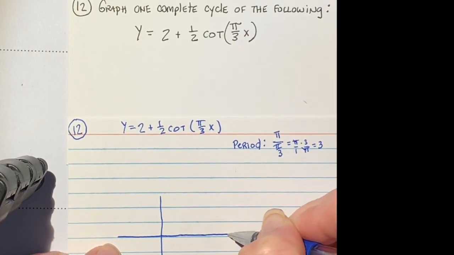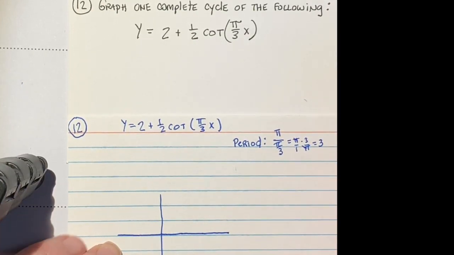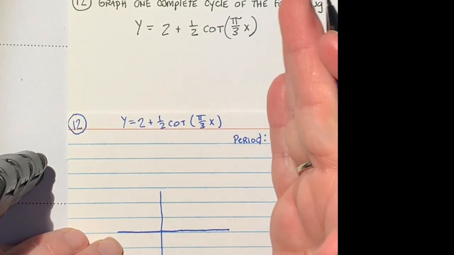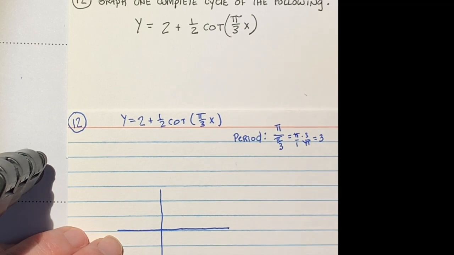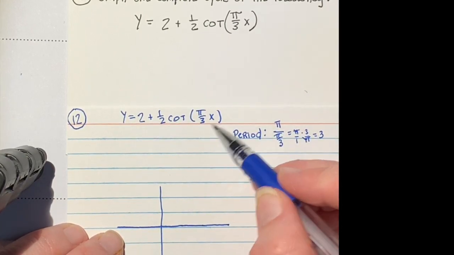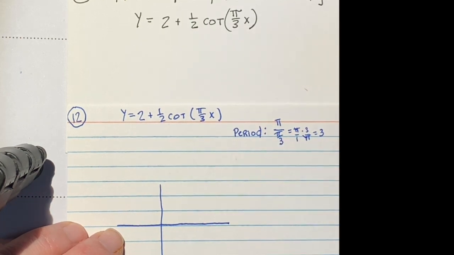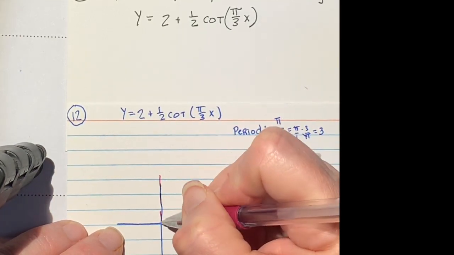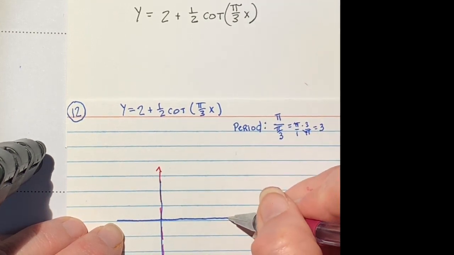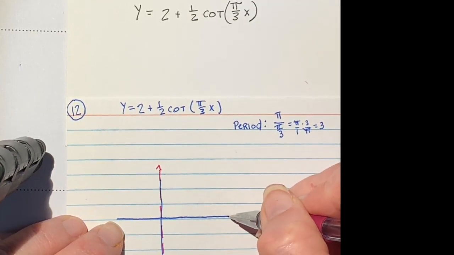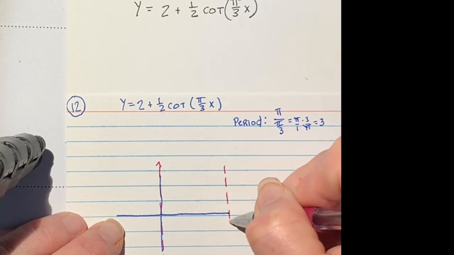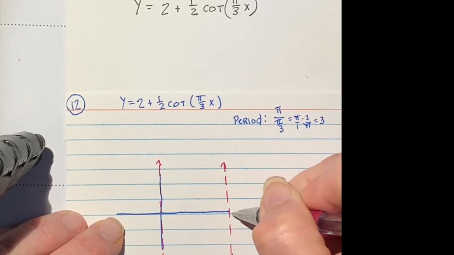So the plain cotangent x graph has asymptotes at 0 and pi. So it actually begins the period at 0 and ends at pi. So we'll still begin at 0 because there's been no horizontal shift. So we'll have an asymptote at 0. But instead of the other asymptote being at pi, it's now at 3. Pi is just 3.14, so it's just had a very slight shrinking horizontally. So we'll say this is 3 radians.